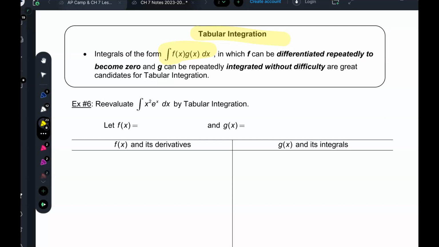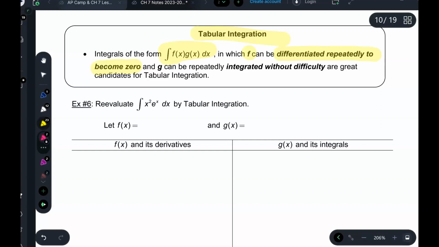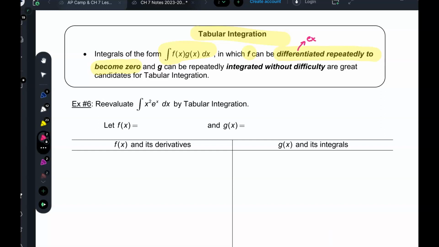Okay, the tabular method can't always be used, but we can use it if f can be differentiated repeatedly to become 0. In other words, an example would be a polynomial, right? If you keep differentiating it, eventually you'll get to 0.